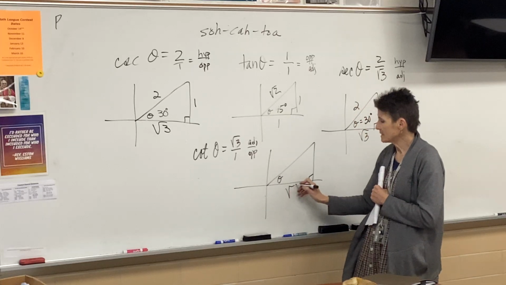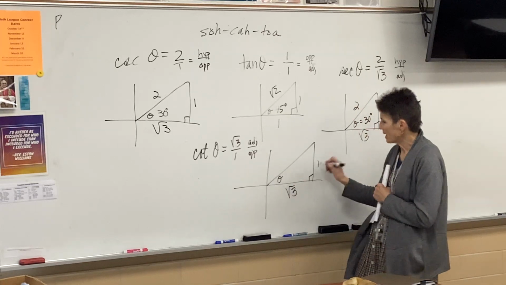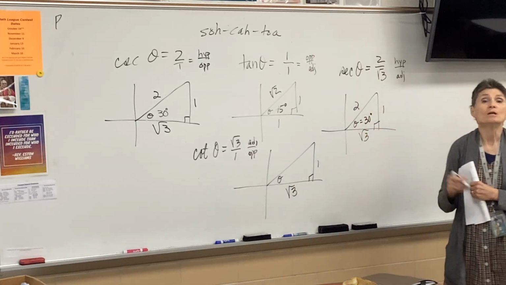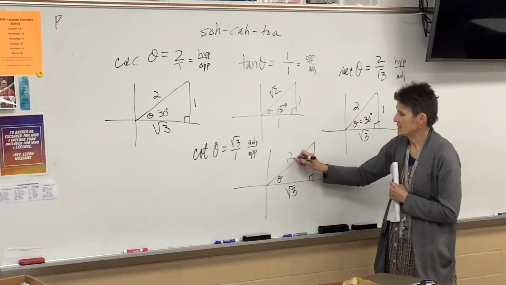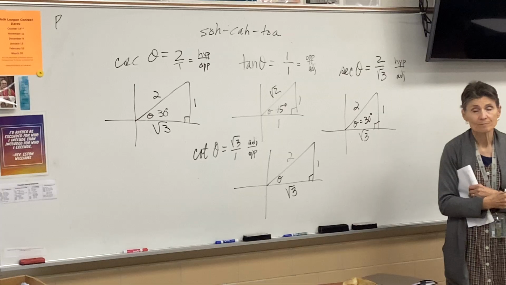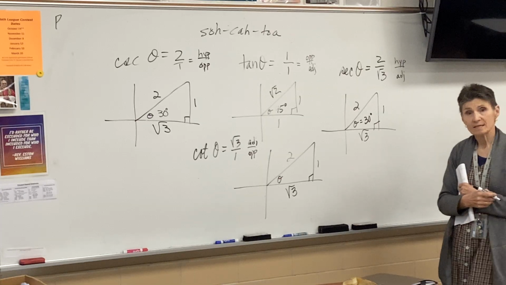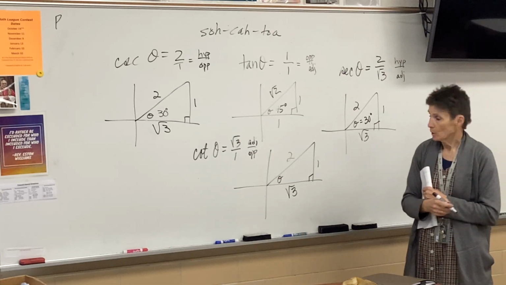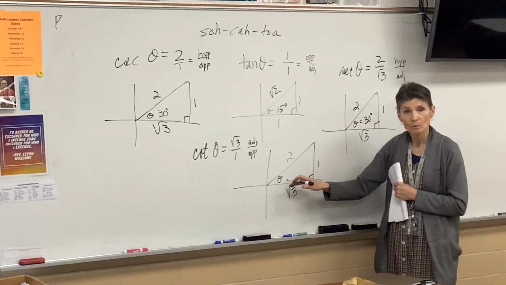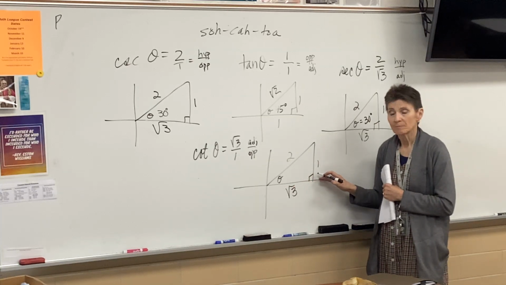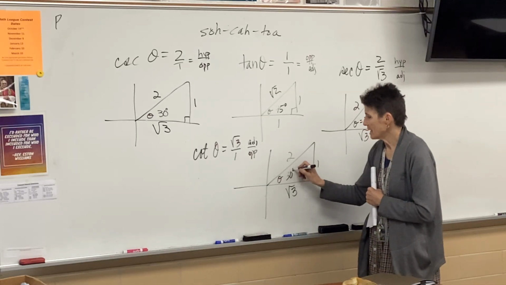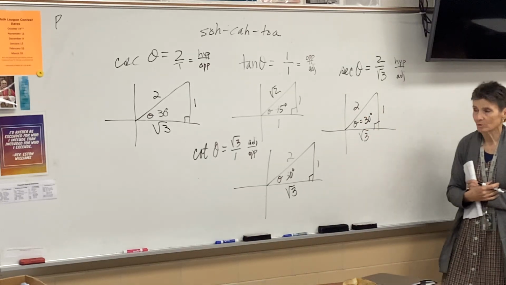So the adjacent side is root 3 and the opposite side is 1. You should recognize that triangle or look on your paper. The hypotenuse is 2. That is a 30, 60, 90 triangle. Which angle is across from the 1? 30 degrees. So the answer to the problem is 30 degrees.